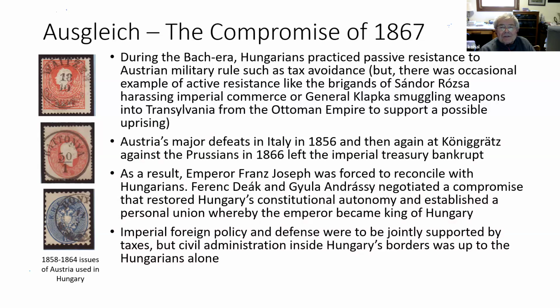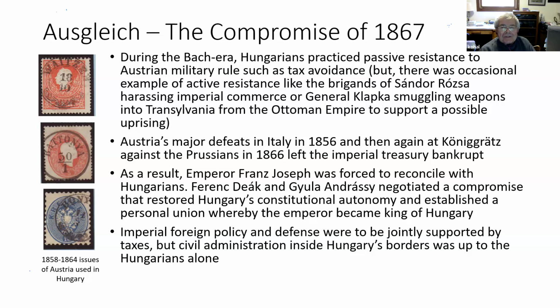The worst defeat that Austria suffered was at Königgrätz. And as a result of the military campaigns, the treasury was bankrupt. At that time, Francis Joseph was forced to reconcile with the Hungarians in order to tap into the taxes collected in Hungary to support the bankrupt imperial treasury.